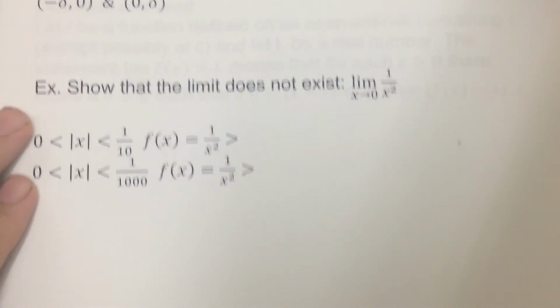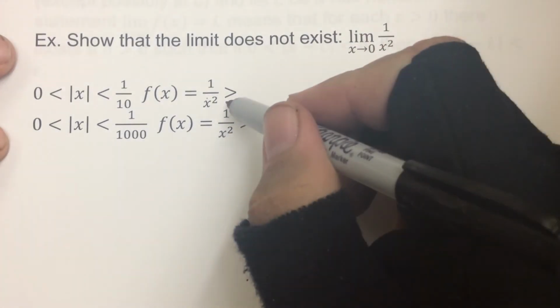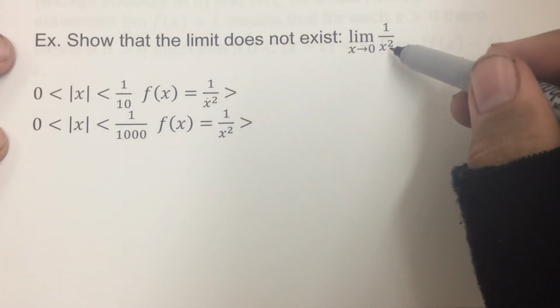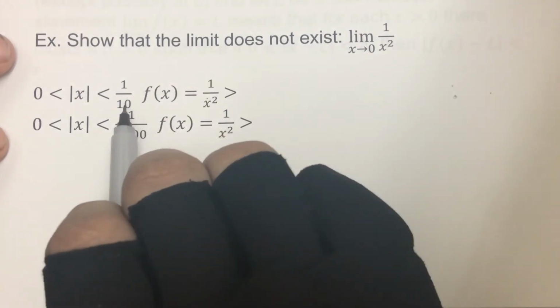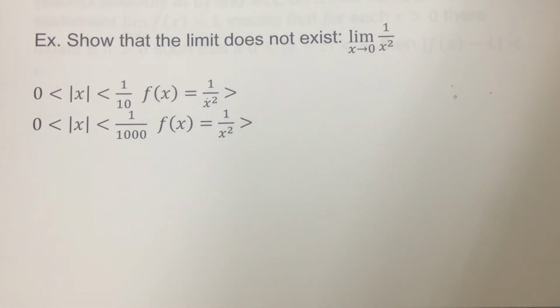But for now, another case in which the limit won't exist is when we have something like 1 over x squared. Obviously if we go to 0, that's not going to work out well because we can't divide by 0. If we do just a tenth off for our delta, so we're within a tenth of the x we're trying to get to, what value would we get?